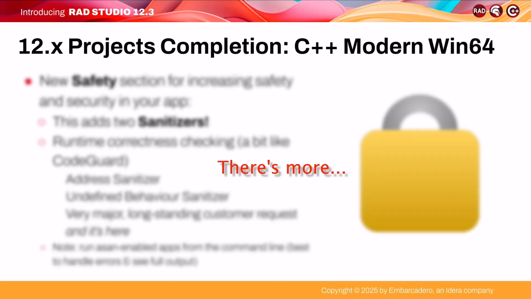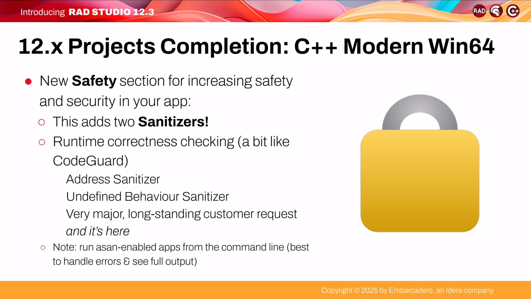But that's not all. We've also added a new section to the C++ project options called Safety. And in this are 2 new features we've been asked to add for years. Now they're here. And these are 2 features called sanitizers. These are runtime checking. You turn them on, rebuild your app, and then when it runs, it finds bugs and issues.